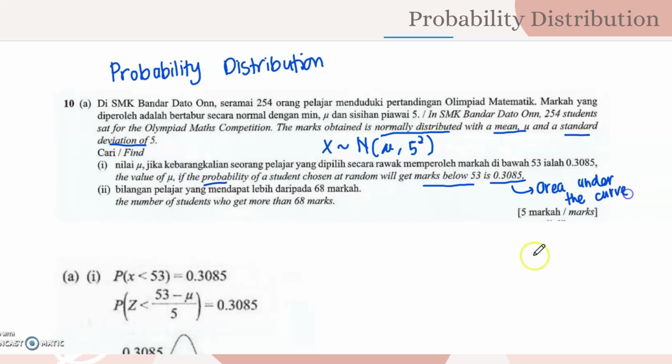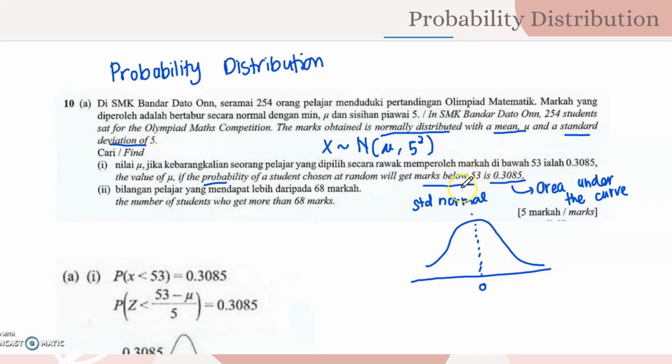As we know, the form of a normal distribution is a curve, and for the standard one, this will be the mean, which is 0. This is the form of standard normal.